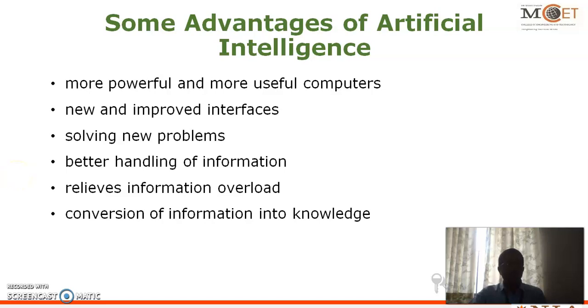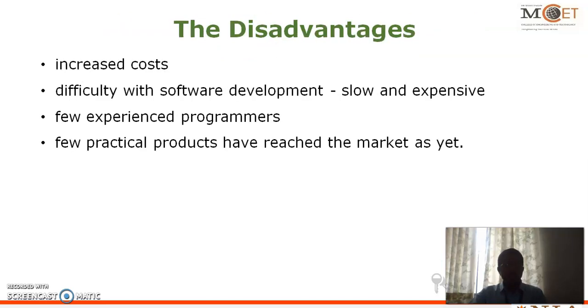It also offers better handling of information. Whatever information we provide in the form of input variables, it can handle, and it relieves information overload. It also converts information into knowledge.